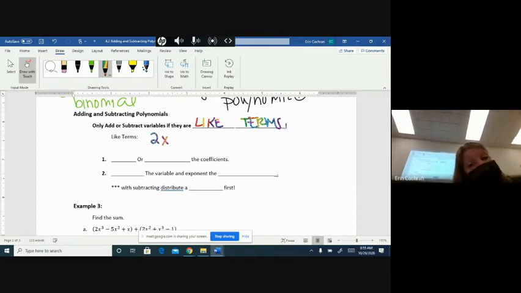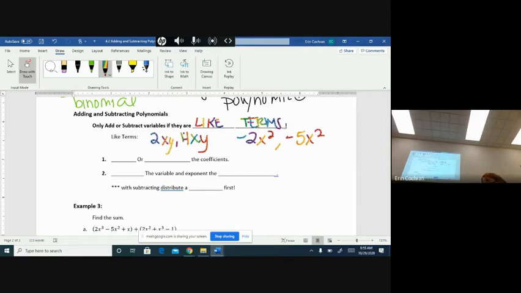So like x, 2x and 4x. Negative 2x squared and negative 5x squared, right? Is 2xy and 4xy like terms?